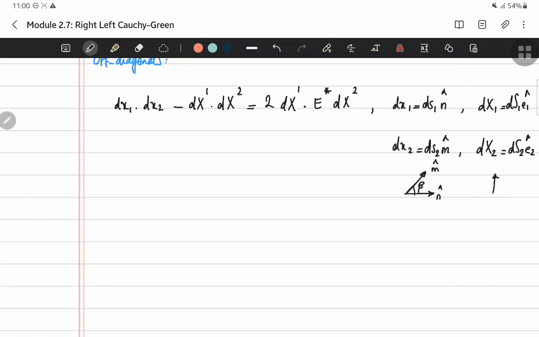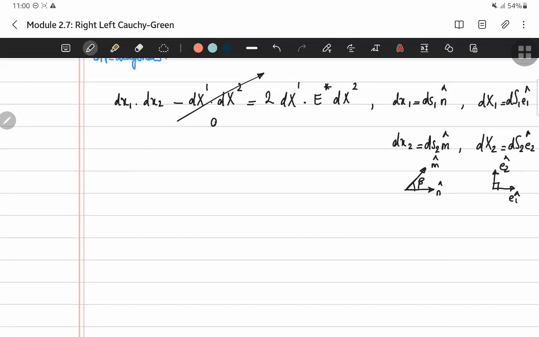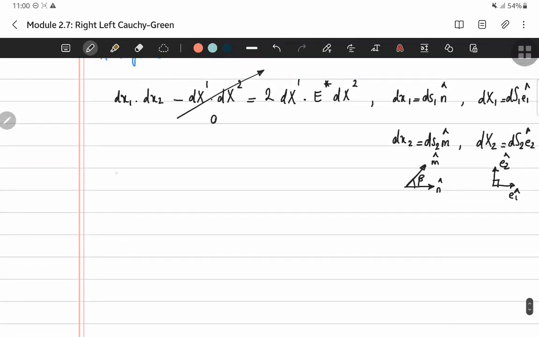But in the reference configuration they are perpendicular to each other, therefore the dot product here is 0. So this becomes ds1 ds2 n dot m, where we write it as n m cosine beta.